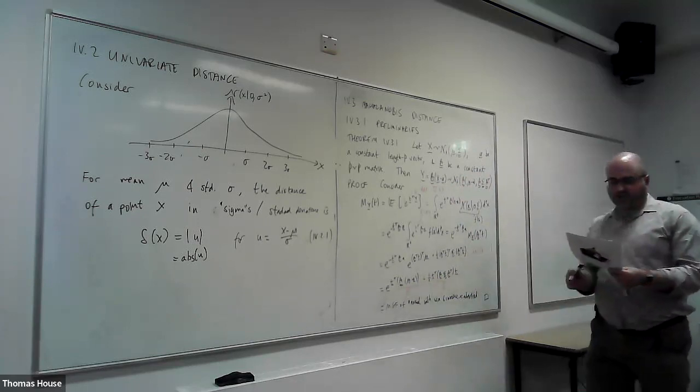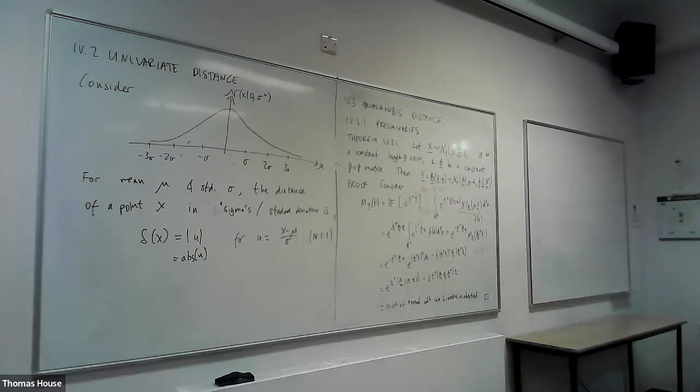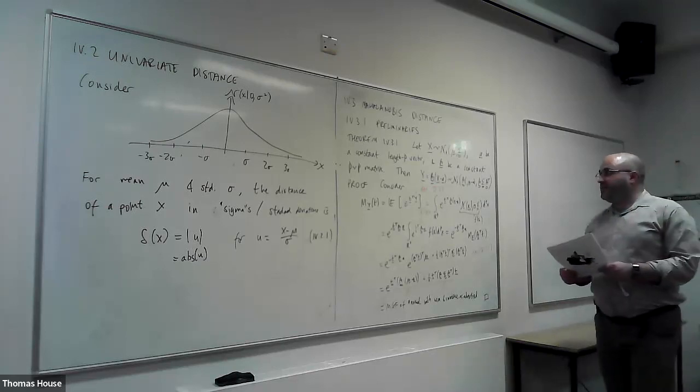And that's what we wanted to show, because throughout the course we're assuming that we know what the MGF of the normal is, and you can go between MGFs and PGFs. The MGF is sufficient to define the random variable.